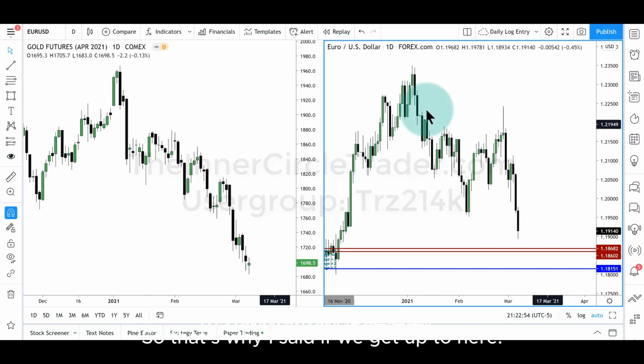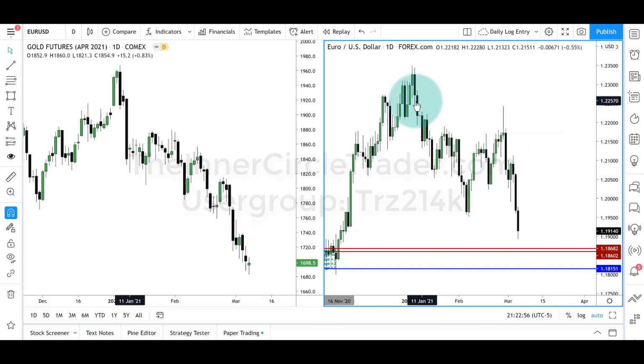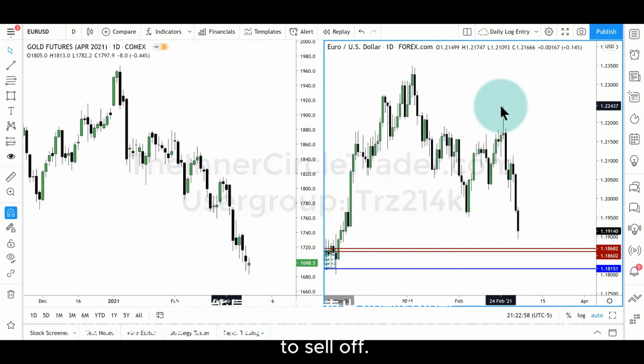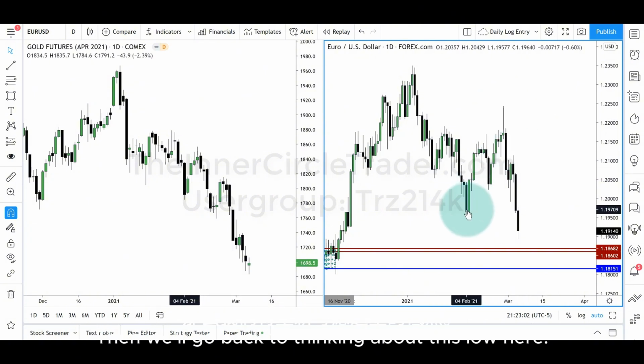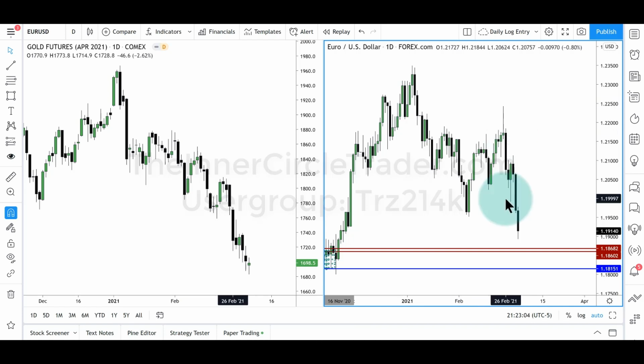So that's why I said if we get up to here, this might be an opportunity for us to see a sell-off. If it does, then we'll go back to thinking about this low here. And we have it. So there's always this forecasting model that I'm using that's always referring to something more than just the dollar index, okay? And it's gold, okay?